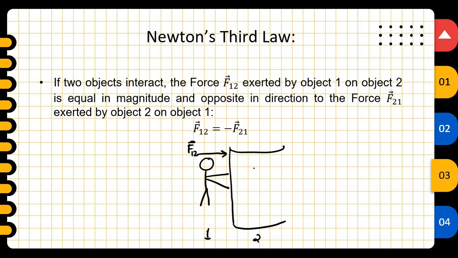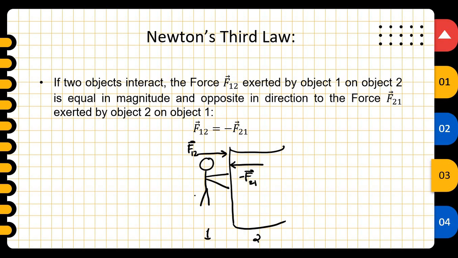And since the pole is not moving, the force it is exerting is similar in magnitude to F12 and opposite in direction. That's why we have the negative sign. That's negative F21. This is the force exerted by object 2 on object 1. That's why the pole isn't moving, because they are equal in magnitude but opposite in direction.